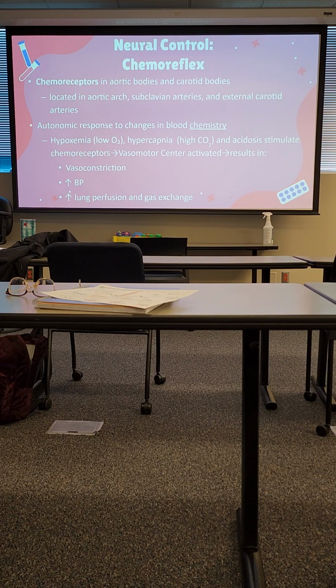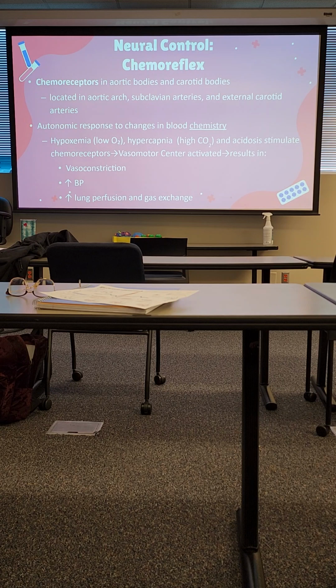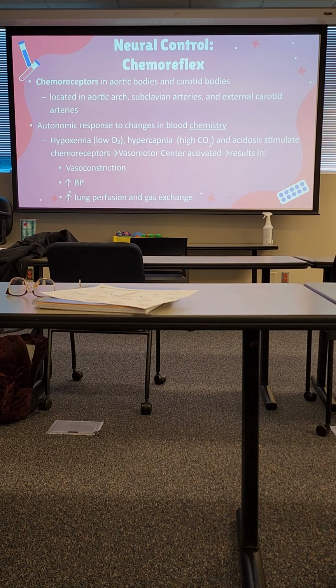So when we have low oxygen or high carbon dioxide in our blood, they're both occurring at the same time, right? Low oxygen, high carbon dioxide. What our chemoreceptors are going to do is activate that vasomotor center in our medulla. The medulla is now going to tell our blood vessels to constrict, close down, and increase blood pressure.